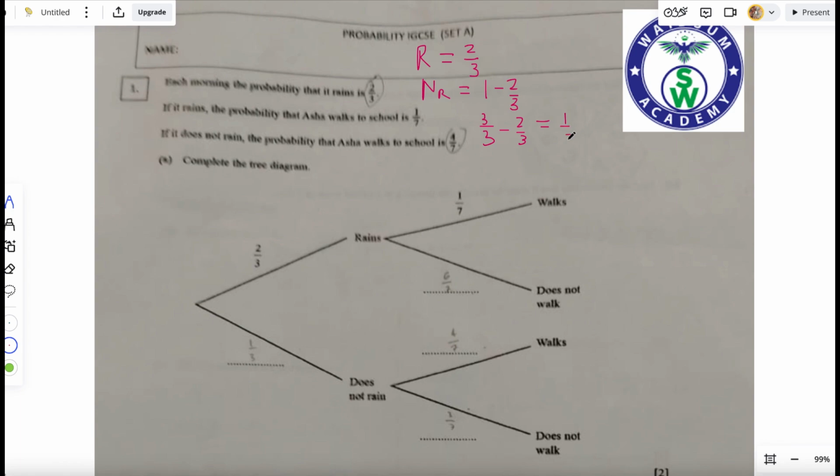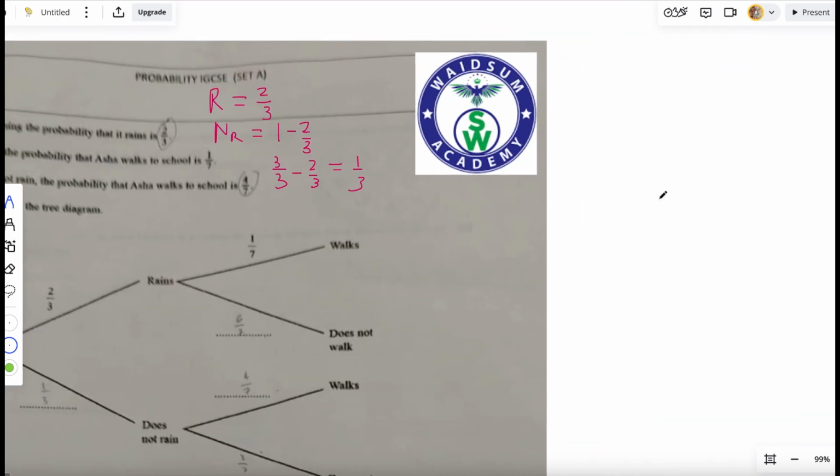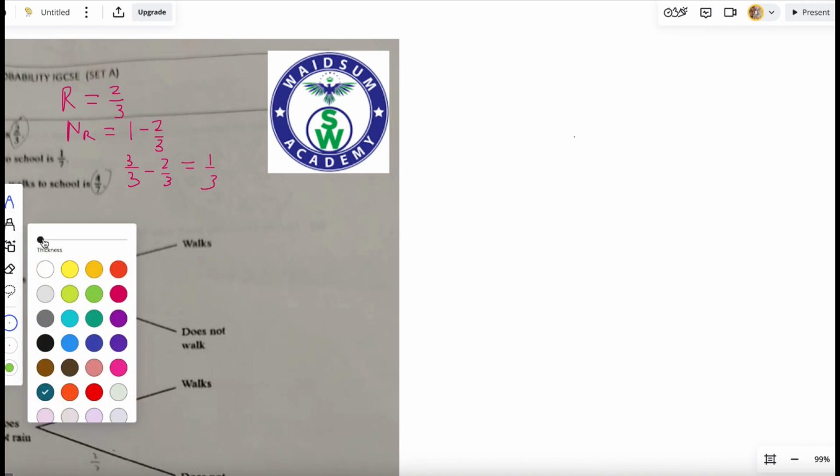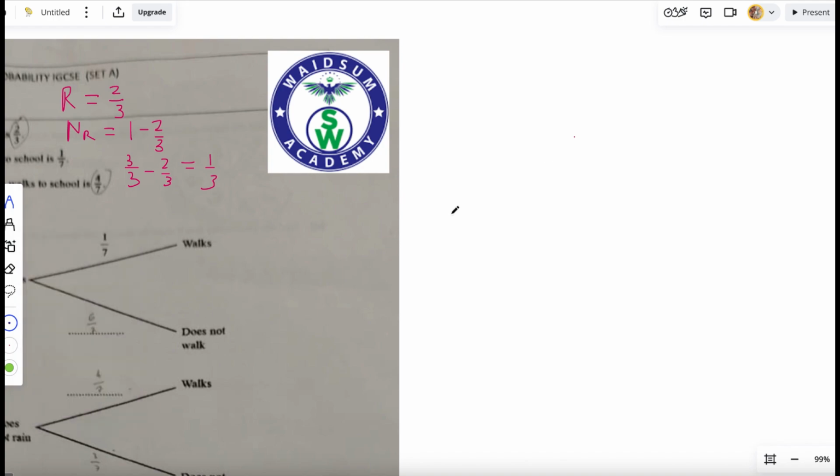They want us to fill this diagram. They've written for us the probability of rain. So when you're drawing this diagram, let's get a space and sketch it ourselves for at least an understanding. If you want to draw a probability tree, you draw a line here, and a line like this.